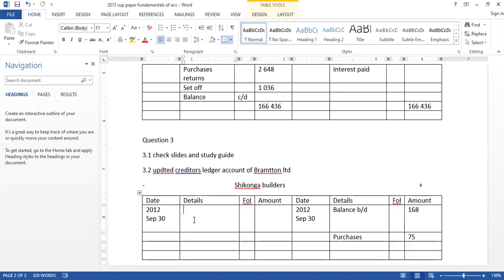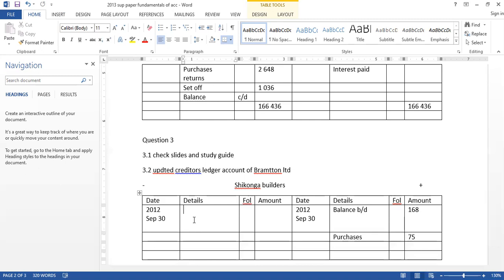So we have bank and discount 210, and in our supplier statement, they only recorded the bank, but they never recorded the discount. So obviously that means that the discount will need to be recorded back to the supplier's reconciliation statement. You'll need to add that discount.